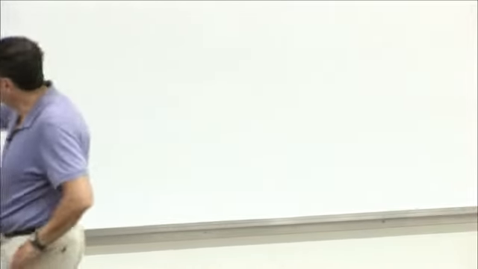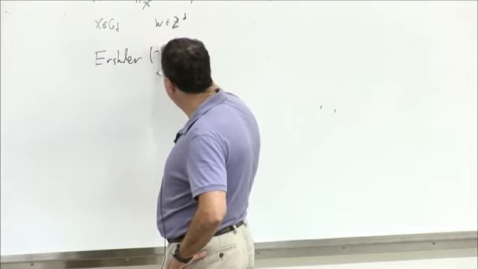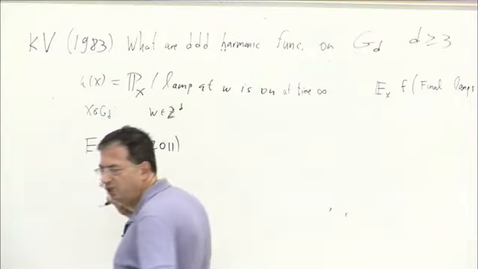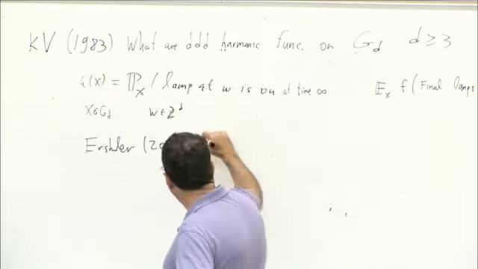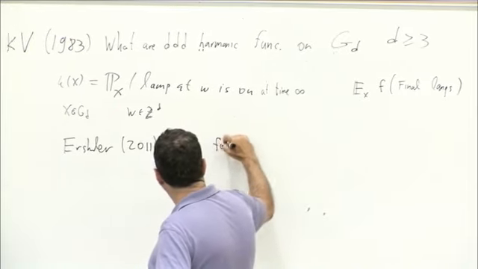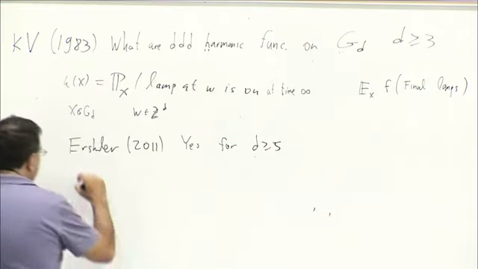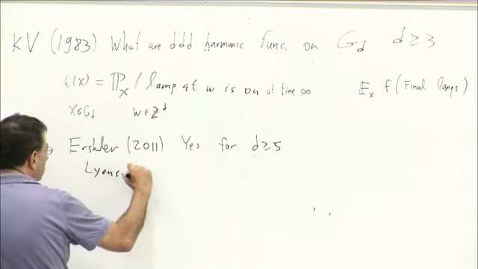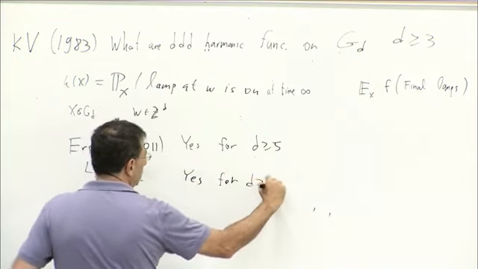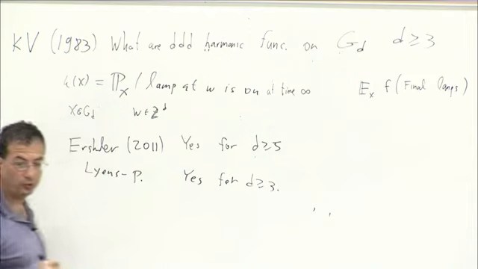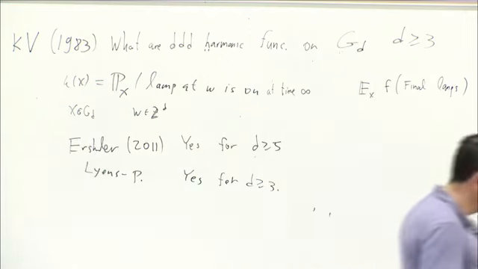Then Anna Erschler, it appeared in 2011, but she did the work in 2005, showed that the answer is yes, these are all the harmonic functions, but for d greater or equal to 5. And then the new result is that it's true for dimension at least 3, and dimensions 3 and 4 are really the most delicate.